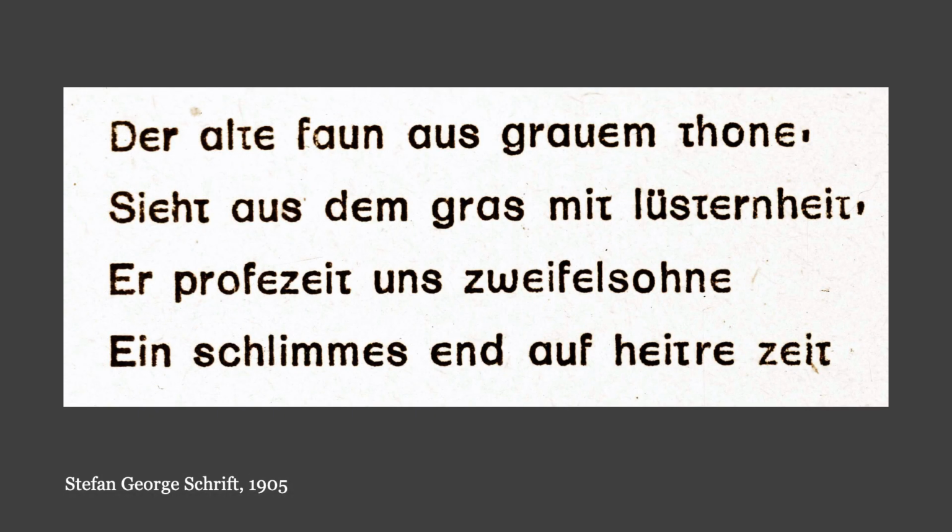It's not surprising then that one of the great modernist poets at the beginning of the 20th century, Stefan George, should choose a sans serif type adapted to his own ideas for printing his own poetry.